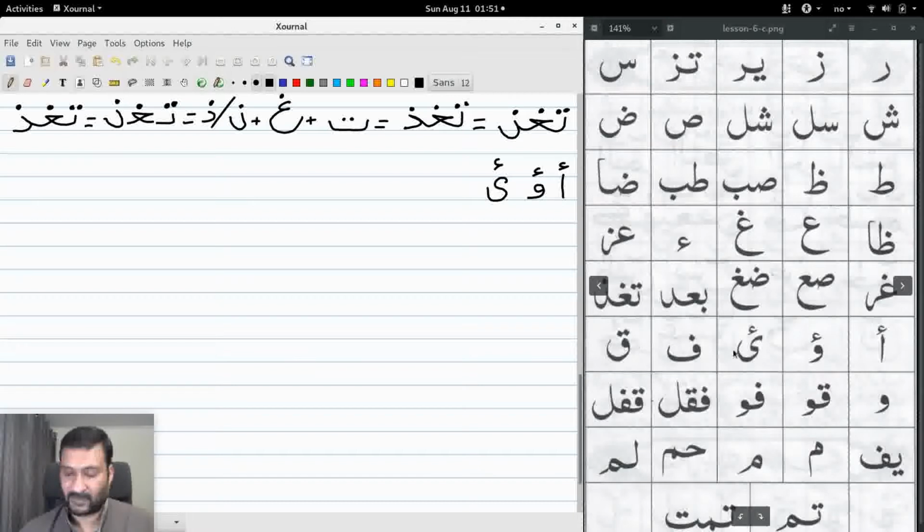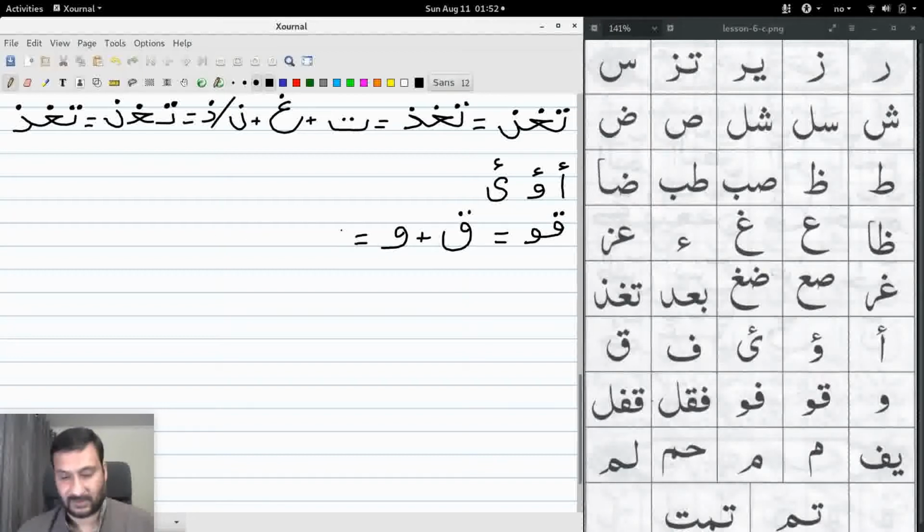Qaf. Vav is also an individual letter, which looks like this. And here is the combination of vav with qaf, and vav appears here. Here vav appears at the end of the word, and of course it retains its shape. So the word is qaf, vav, and it's made up of qaf plus vav, like so.